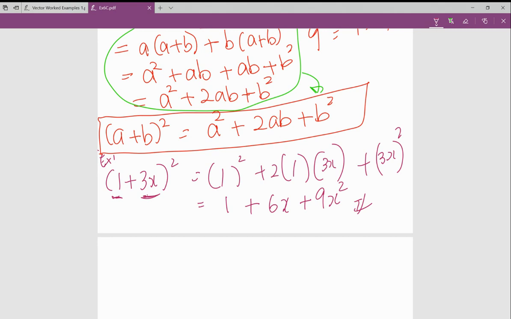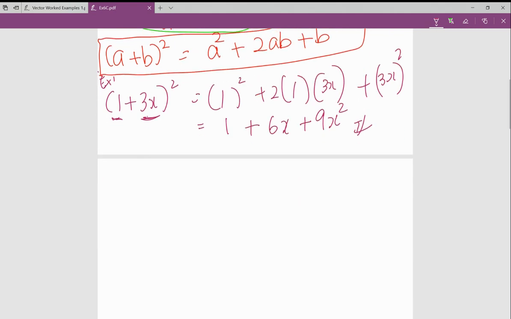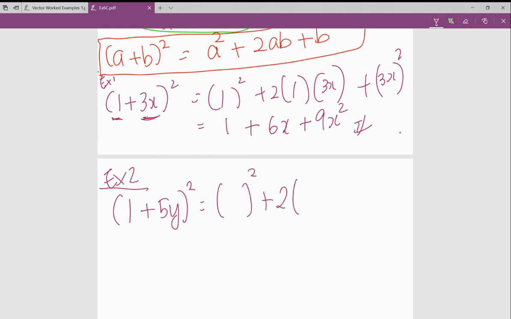Instead of doing the long method, we try that again with another example. If you need, you can pause the video so you can try. Let's try (1 plus 5y) squared. Again, it's a squared plus 2ab plus b squared. I'll put a squared plus 2ab plus b squared.